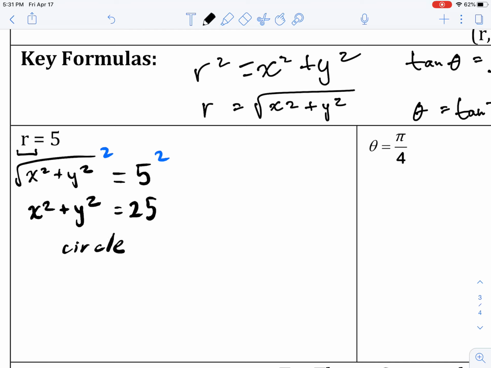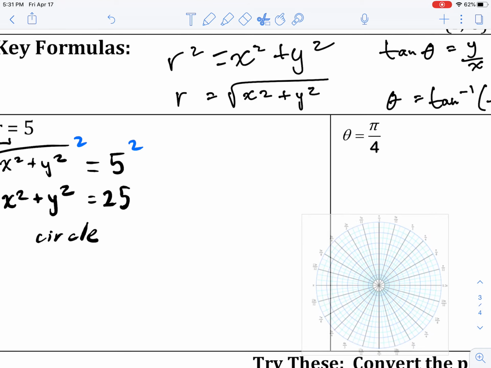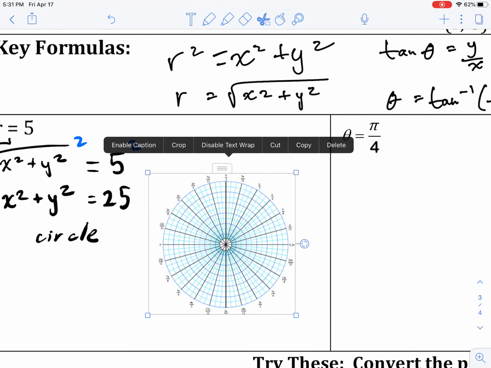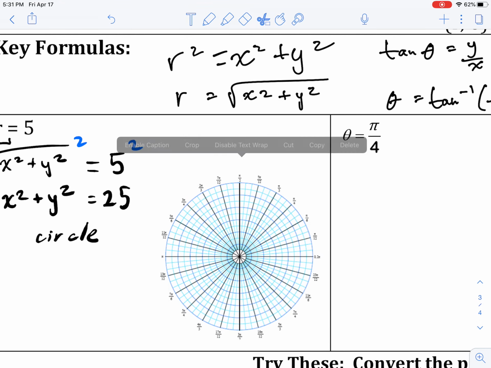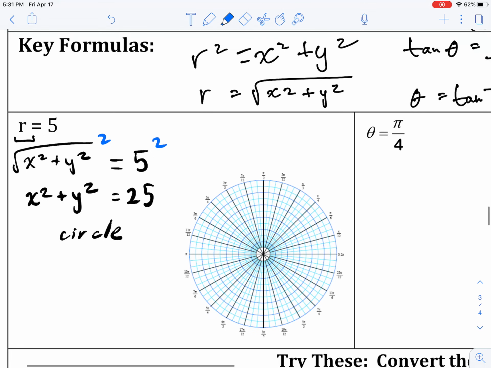Now, pause and think about our graph here for a moment. Think about what the graph of r is equal to 5 would actually look like. And to aid you with that, let me go ahead and just place this over here and make that a little bit larger. And ask yourself, what would the graph of r is equal to 5 actually look like?